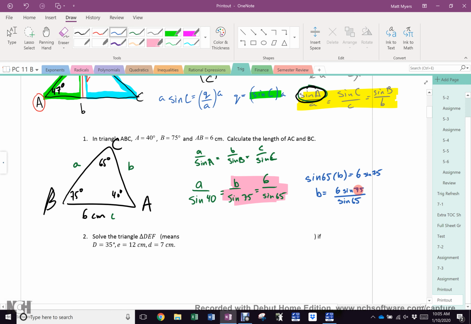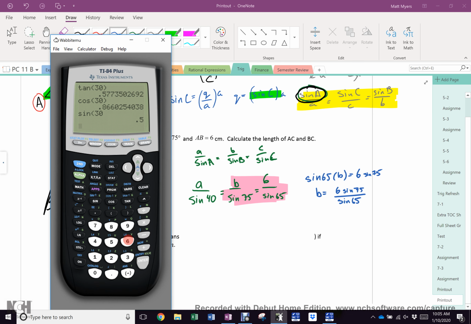So all we do is punch that in. 6 sine 75 divided by sine 65 equals 6.4. Now, stop. Is that the answer?